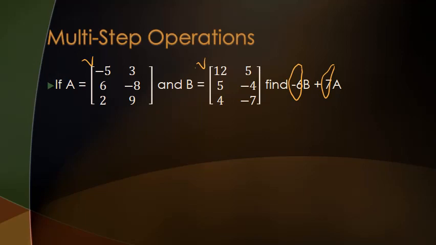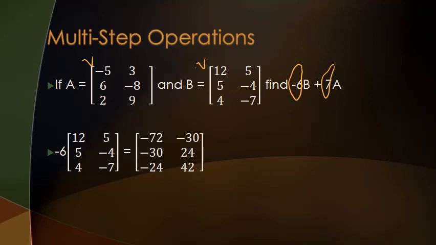So first I'm going to take matrix B, and I'm going to multiply it by the scalar -6, which you see I've already worked out.